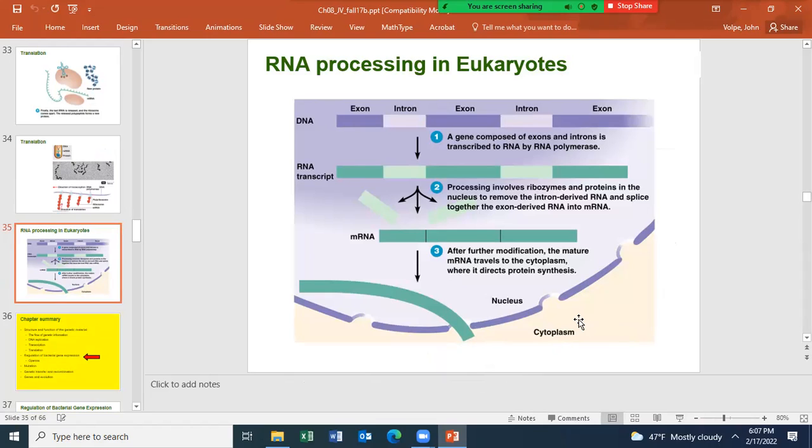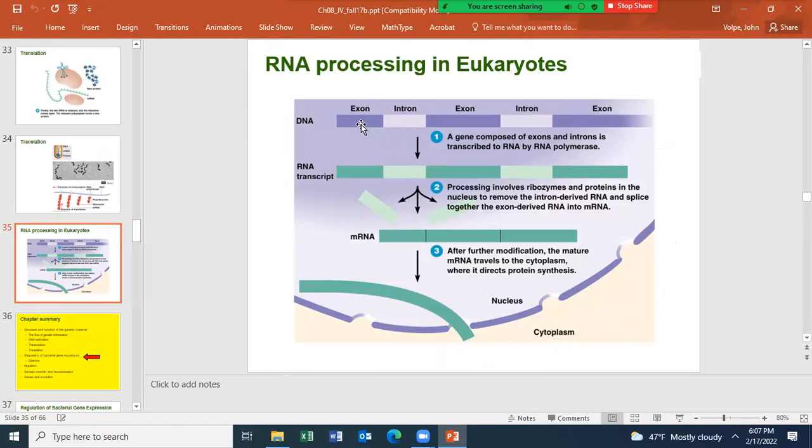In eukaryotes, we have another complication though, and that is in a gene, we have regions of the gene which code for the messenger RNA and code for the protein, and we have regions of a gene that do not code for the protein. This region is called an intron.